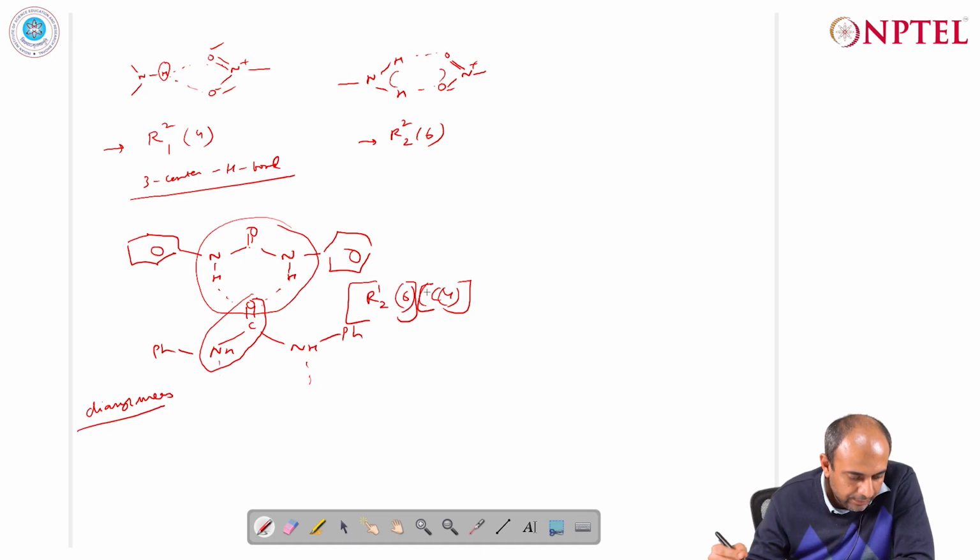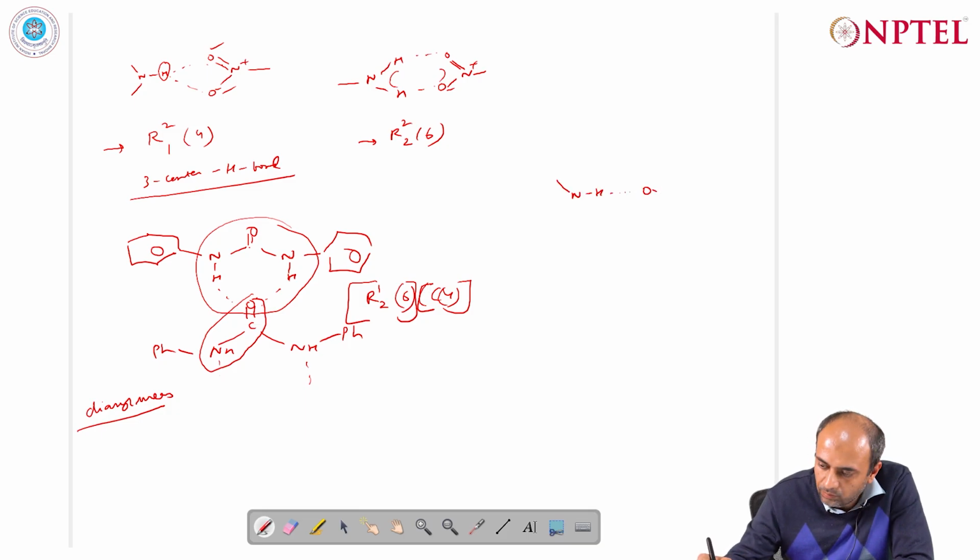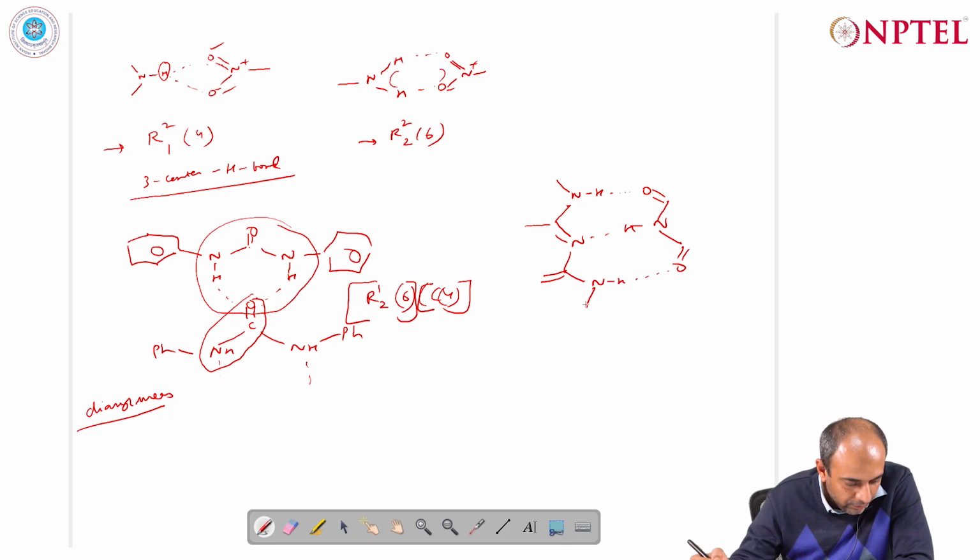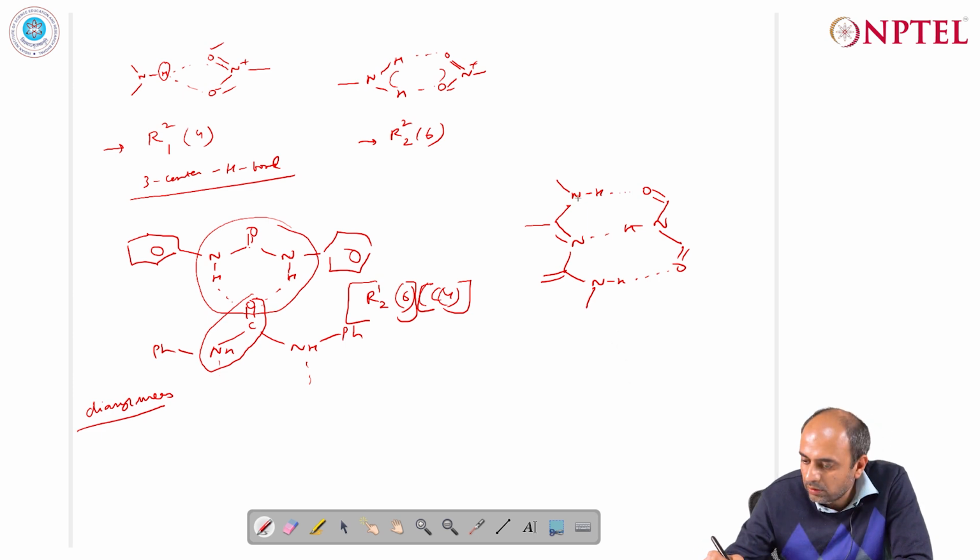We can also look at other types of motifs. For example, we can look at NH, we looked at the structure. So here we have 1, 2, 3, 4, 5. So we can have this NHO 1, 2, 3, then 4, 5, 6, 7, 8.